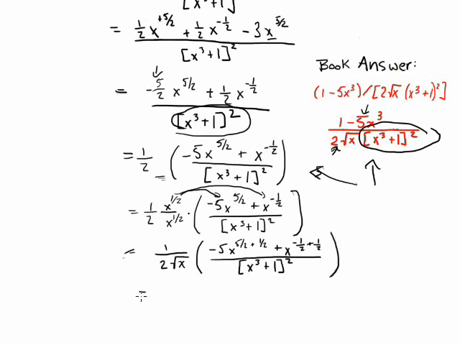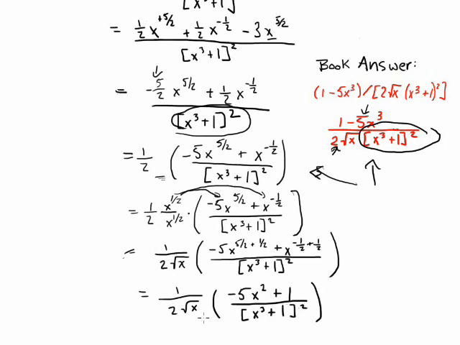And this is equal to 1 over 2 square root x times 5 over 2 plus 1 over 2 is 6 over 2. So that gives me x cubed, squared, right? And negative 1 over 2 plus 1 over 2 is 0. X to the 0 is 1 no matter what x is. It gives me 1 there. And this gives me x cubed plus 1 squared.